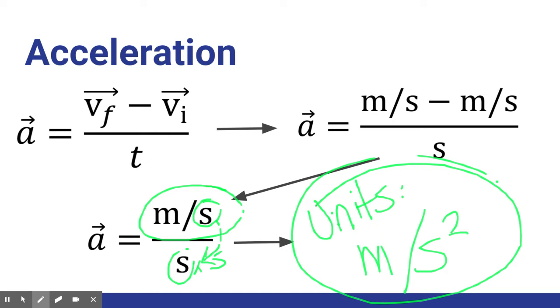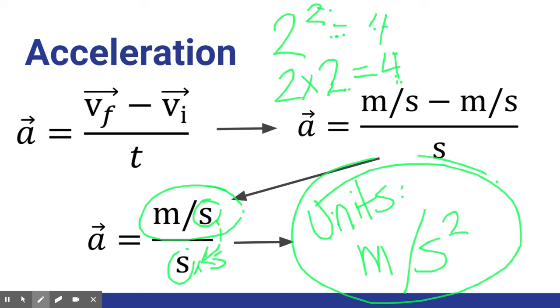So remember, just real quick, when you square something, it's nothing but multiplying a particular number by itself. In this case, it's a particular unit by itself. So like, what's 2 squared? Well, it's 4, because 2 times 2 equals 4.